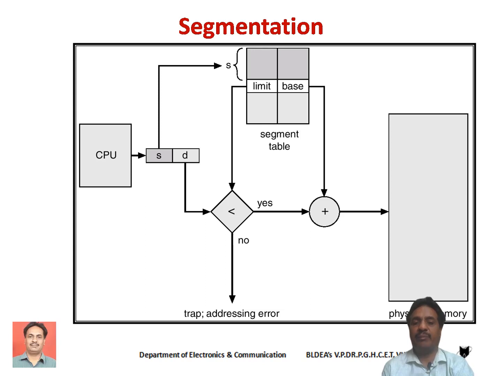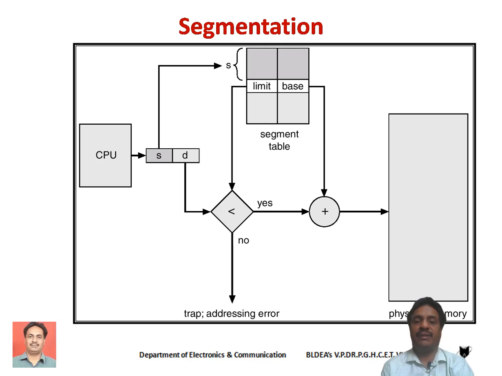That 2000 plus 54, we get 2054, right? That 2054 is nothing but the physical address where we can find the 54th byte of segment 2 in the physical memory. This is how the logical address is converted into physical address in the case of segmentation.